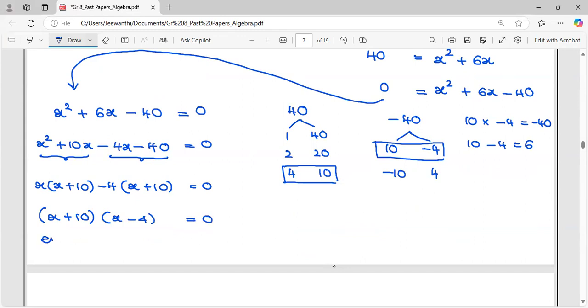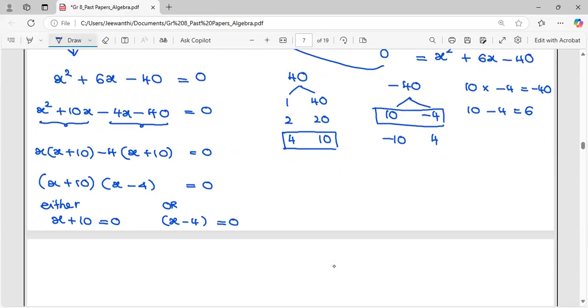So then either what happened? Either the first bracket component x plus 10 should be equal to 0 or x minus 4 equal to 0. Okay. Then what happened? I write x equal to 0 minus 10 and x equal to minus 10. And here x equal to 0 plus 4 and x equal to 4.